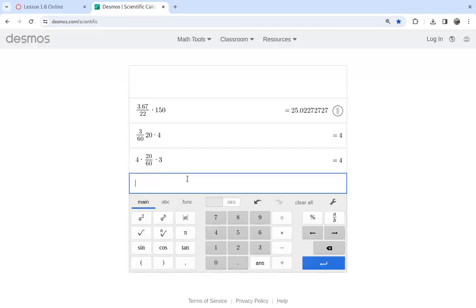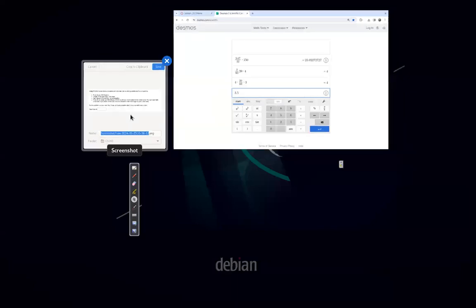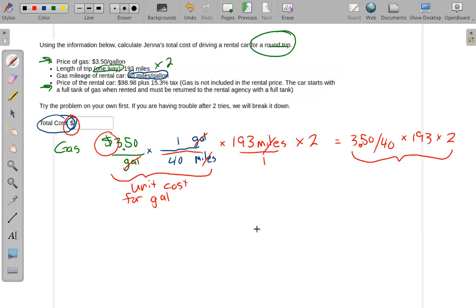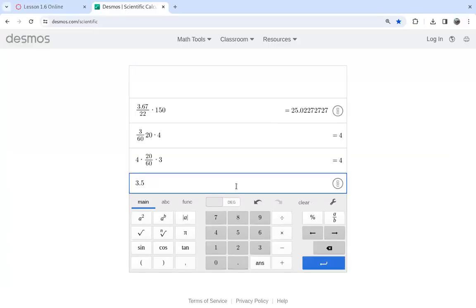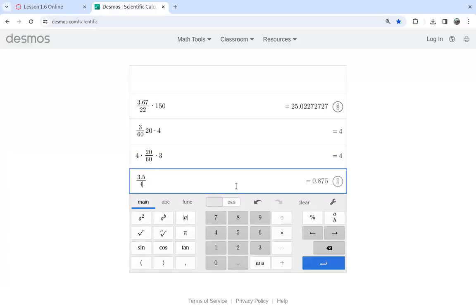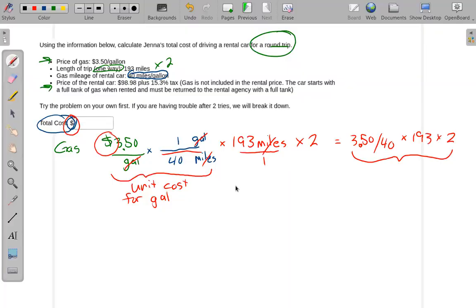All right, so 3.50 per gallon. And then, let's see, double check the notes there. We need to divide that by 40. And then arrow out to the right, multiply that by 193, and then double it.